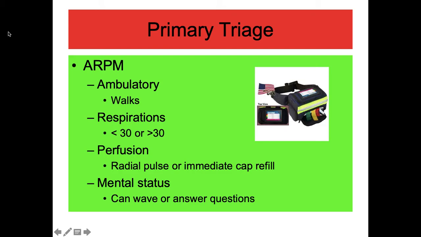Now, if the respirations are less than 30, if their pulse is present but they're unconscious, any altered mental state, if they can't follow commands, if they can't answer questions, they get a red category tag. So that's ARPM. Always start out with the A, the ambulatory, get them out of there, get them somewhere where they can be treated away from the more serious patients, and then use your RPM to assess the rest of them.